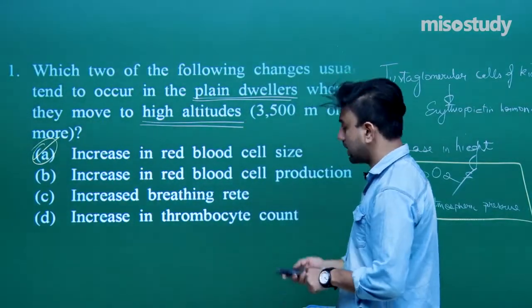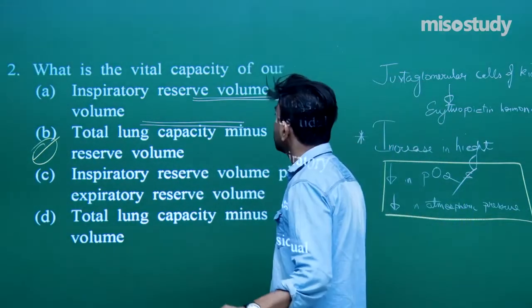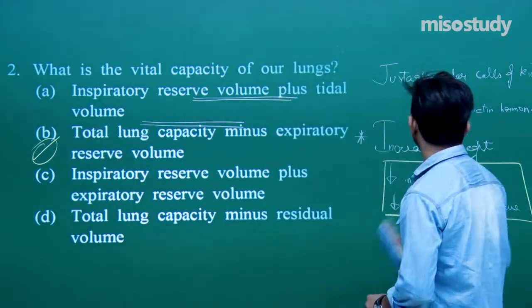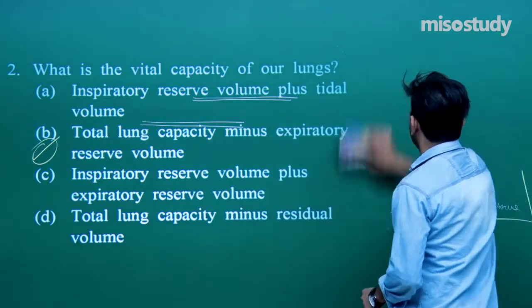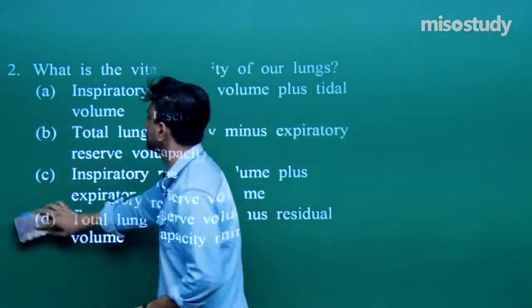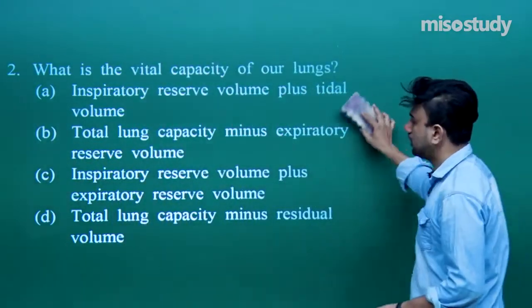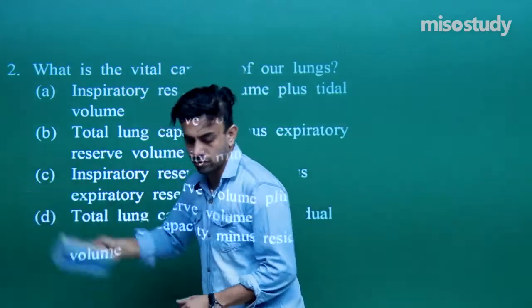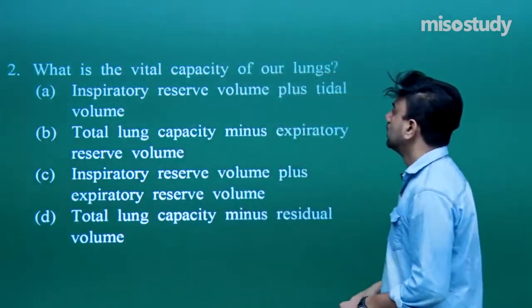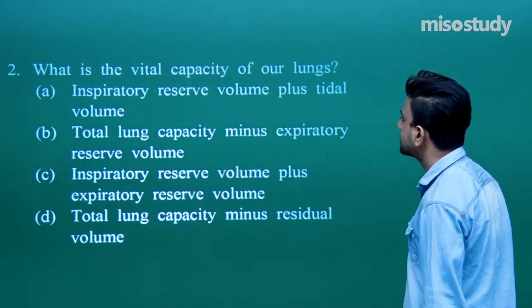We will now go on to the next question: what is the vital capacity of our lungs? The options are inspiratory reserve volume plus tidal volume, total lung capacity minus, and so on.